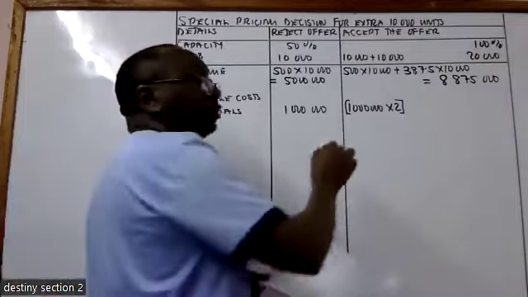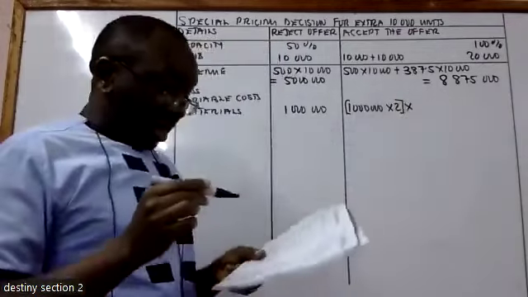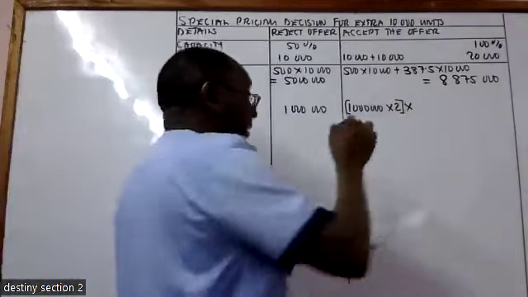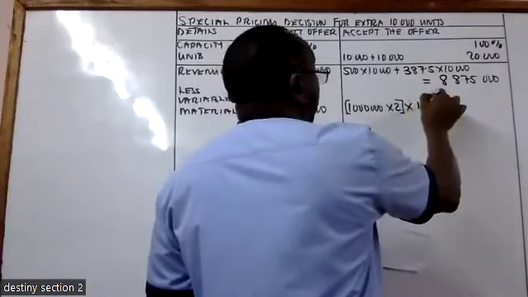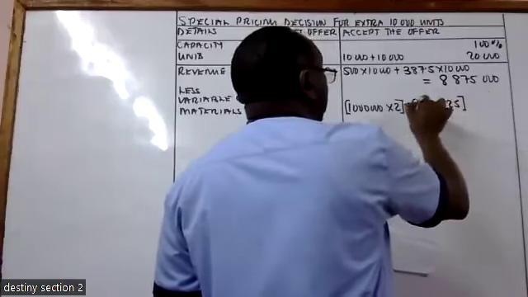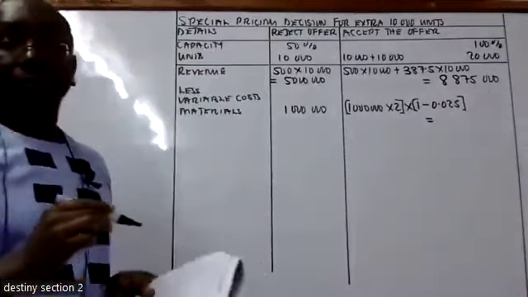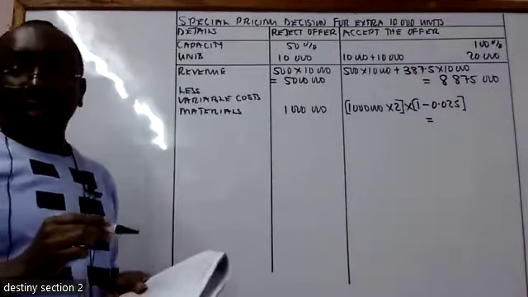But we are going to get a discount of 2.5%. So times 1 minus 0.025. So we will recognize that discount.